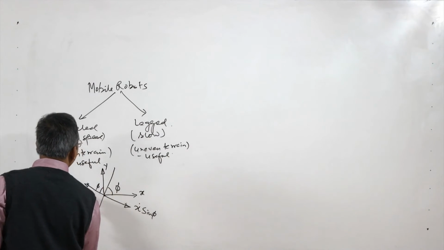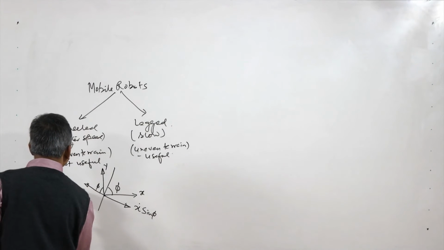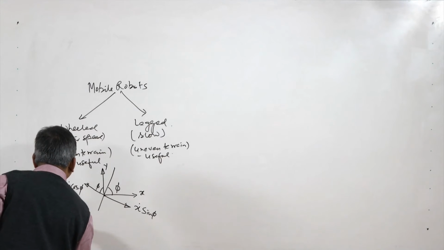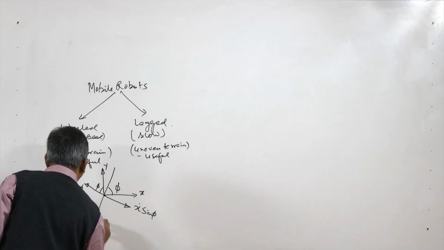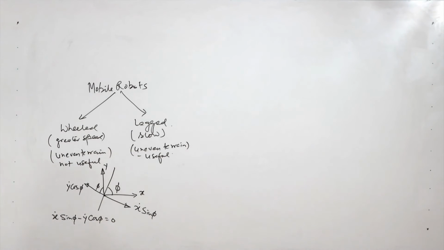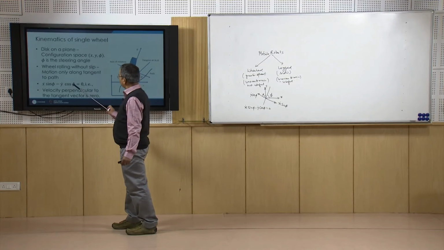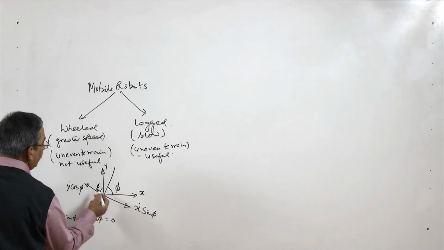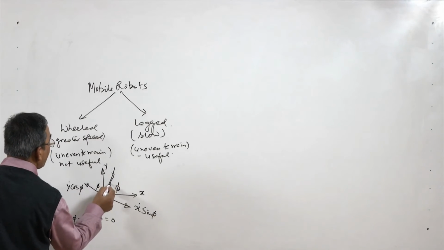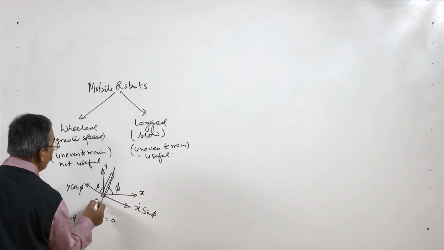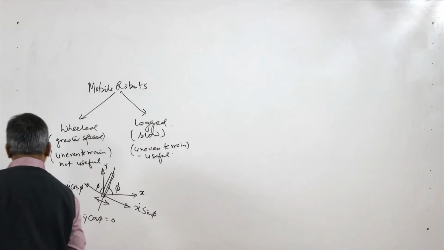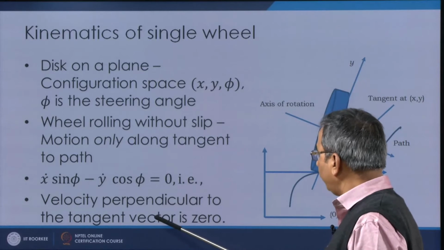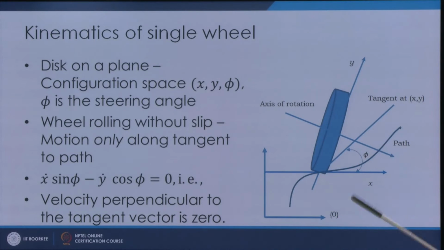So, this component is going to be y dot cos phi. So, what we have is x dot sin phi minus y dot cos phi is equal to 0. So, x dot sin phi minus y dot cos phi is equal to 0 is the condition for no slip. This is the condition such that your wheel is not moving in this direction, that is, the velocity perpendicular to the tangent vector is 0.